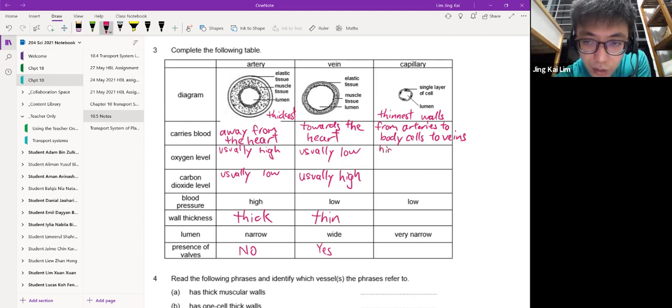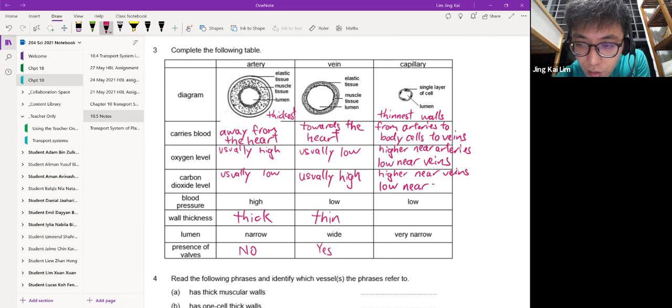So they are higher near arteries and low near the veins. On the other hand, for the carbon dioxide level, they are higher near veins and lower near arteries.